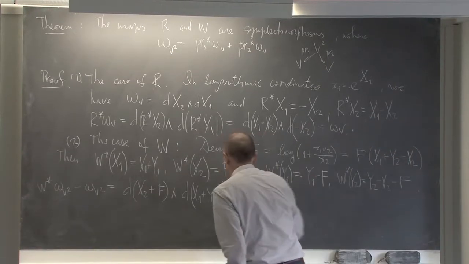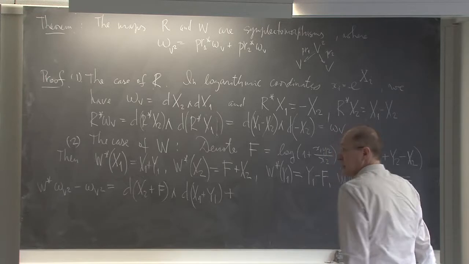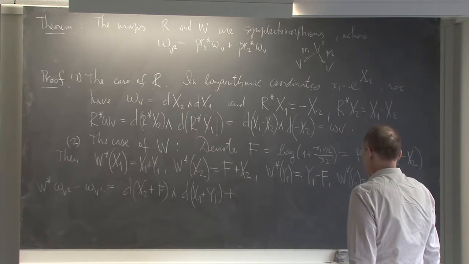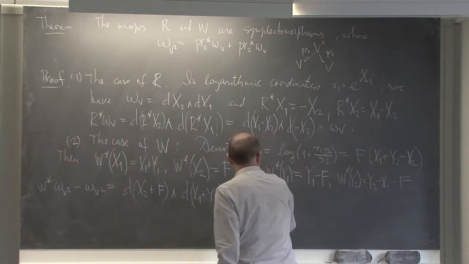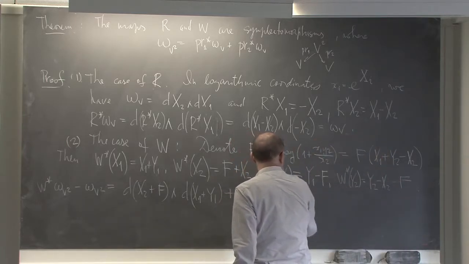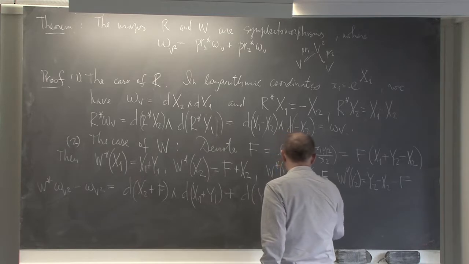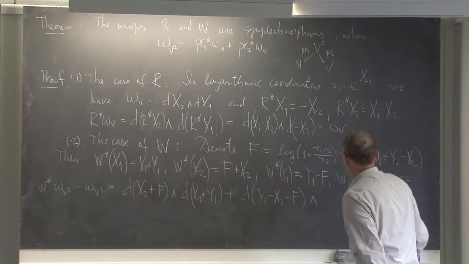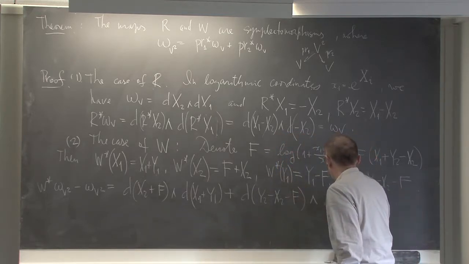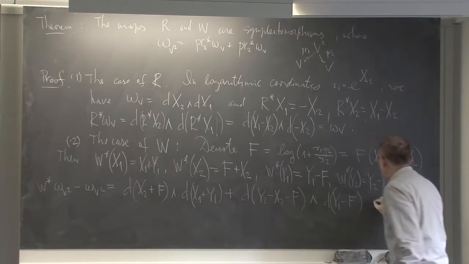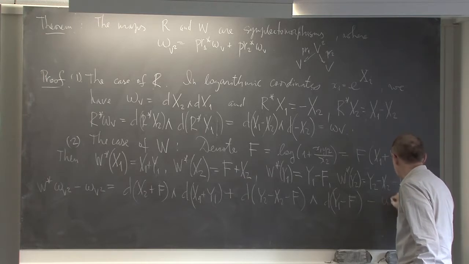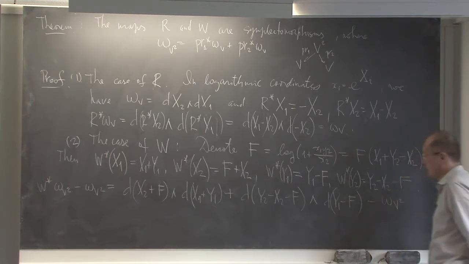Plus y2, it's d of y2 minus x2 minus f, which d of y1 minus f, minus omega v squared.